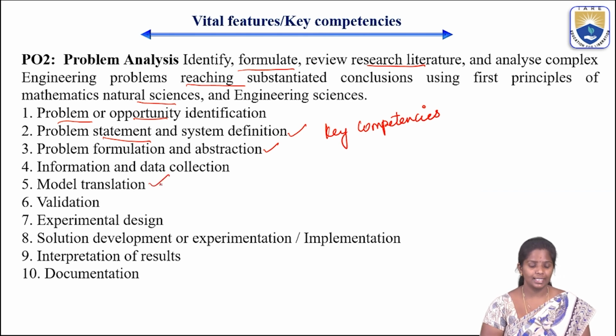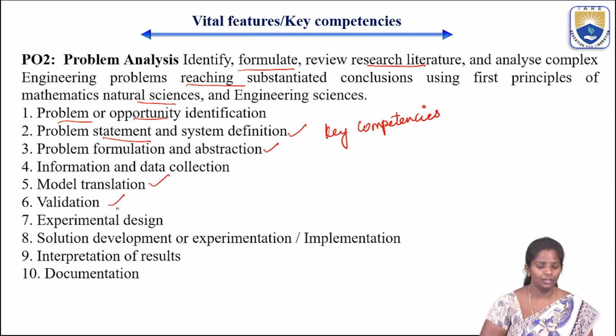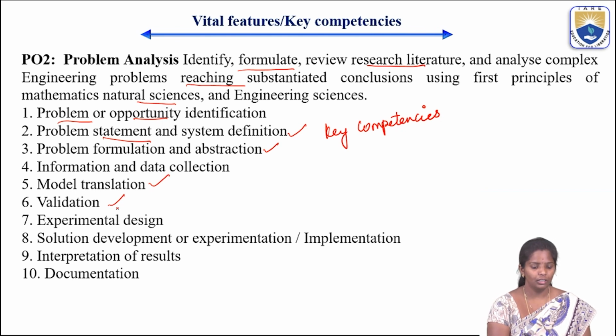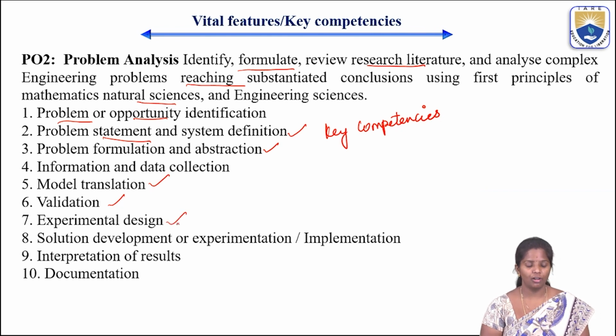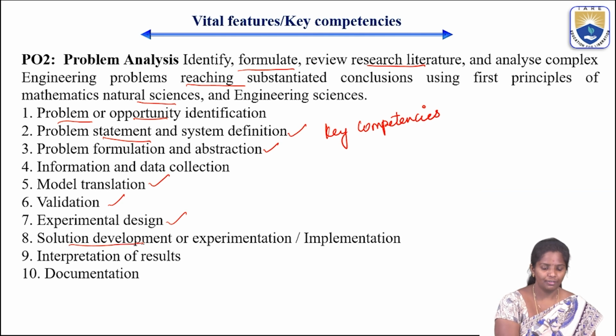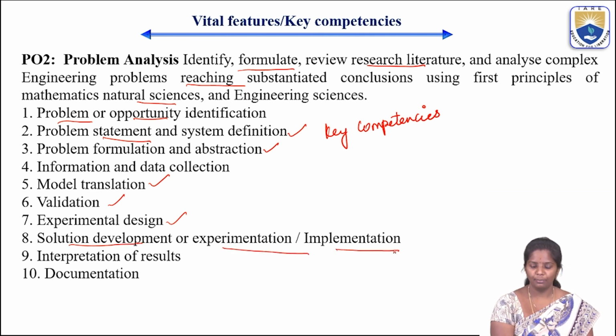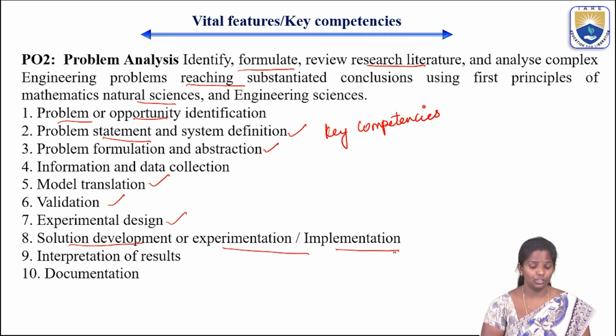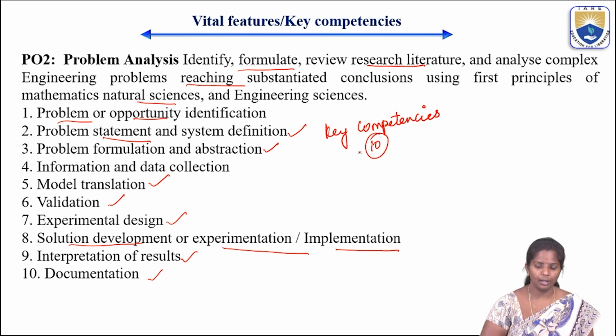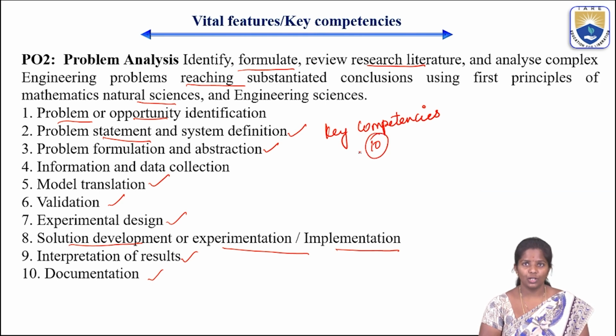Then model translation. Then validation. We have to validate any method. Then experimental design for solving the problem. Solution development, experimentation or implementation, then interpretation of results that are obtained, and finally documentation.